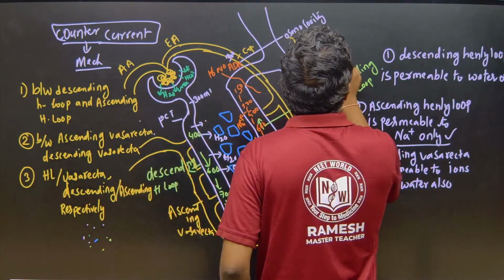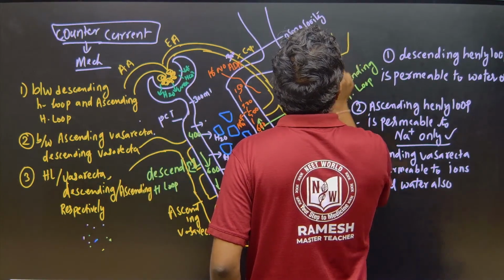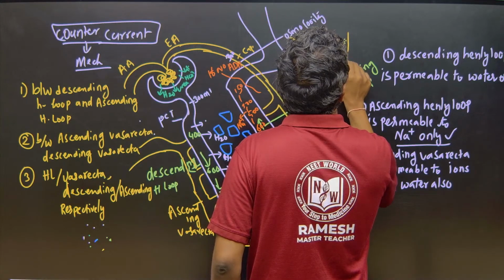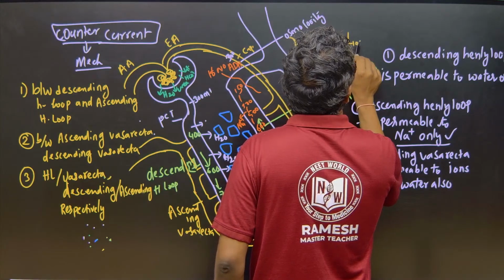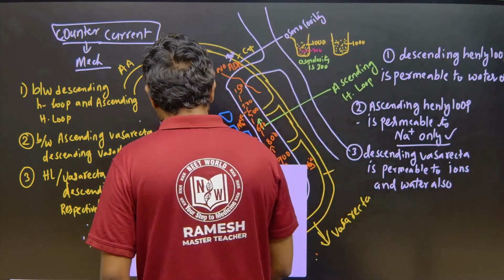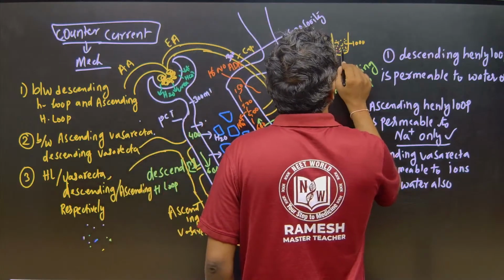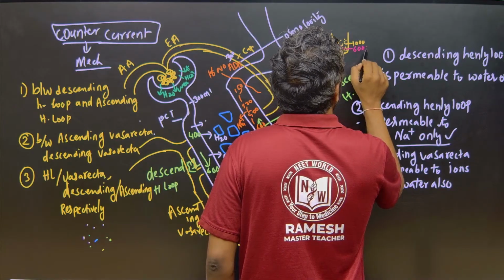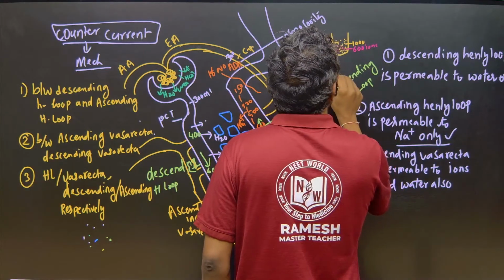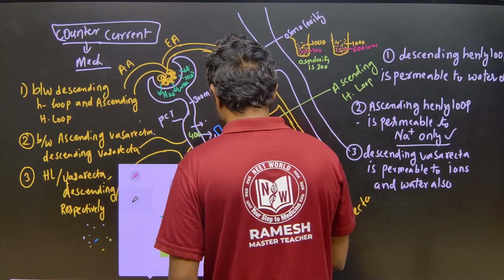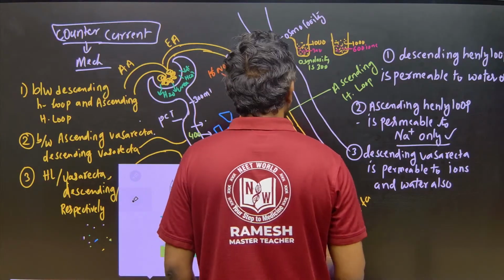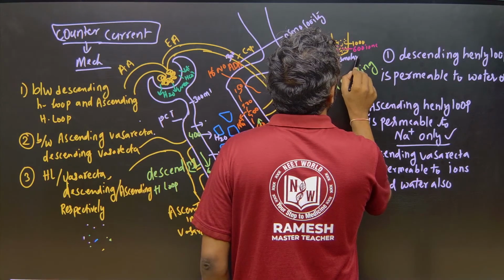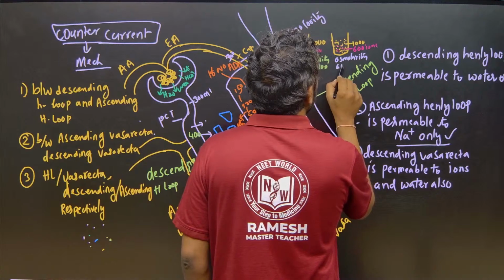Coming to the other beaker, which is also 1000 ml, but there are 600 ions, so the osmolarity here is 600. This one is osmolarity 300, and this one is osmolarity 600.